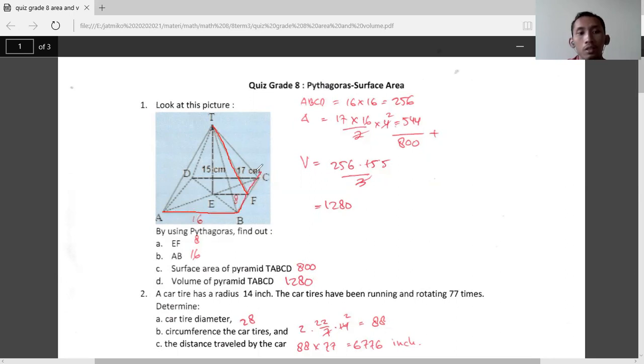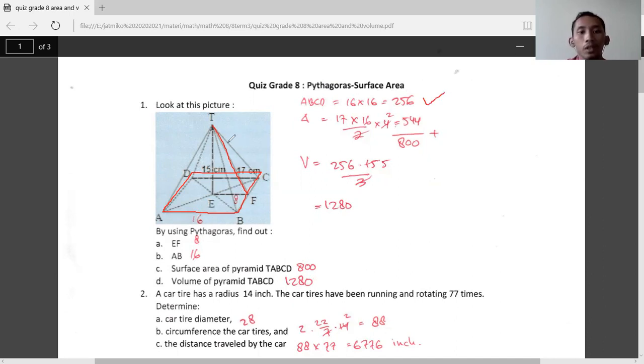We have to find this part first. If you can find EF, you will find AP. If you can find AP, you can find the surface area. So 16 times 16 is 256.